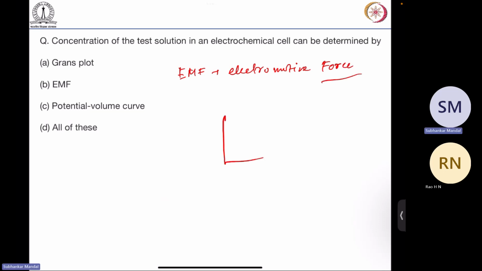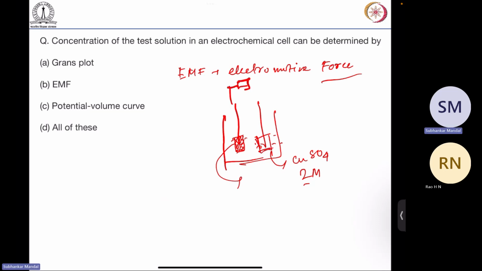Suppose you have a beaker and some electrolyte solution, let's say copper sulfate, 2 molar. You dip one electrode and another electrode, and put a voltmeter, measuring the potential difference. That is called EMF.